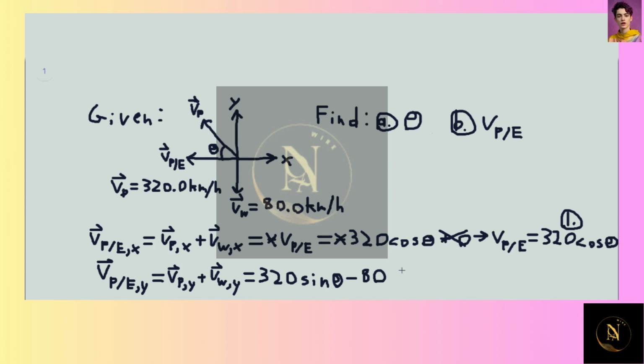So now what about the vector of the velocity of the plane relative to the Earth in the y direction? Okay. Well, we know that the velocity of the plane relative to the Earth is going to be pointing just in the west direction. So that means it's in the negative x direction. So there's no y component then. So the y component of the plane relative to the Earth is going to be 0. Okay. It gives us our second equation now.